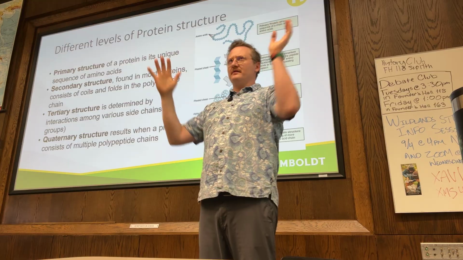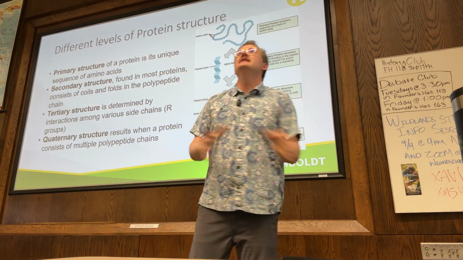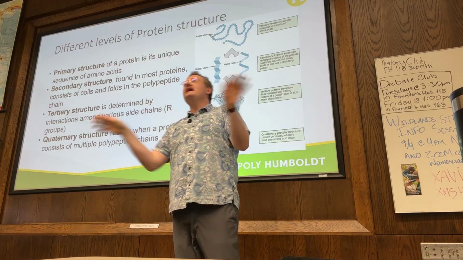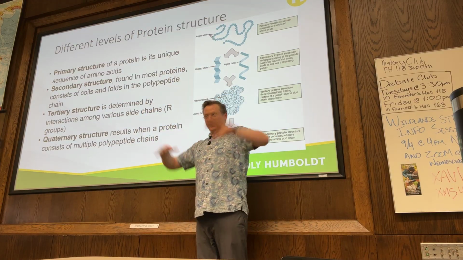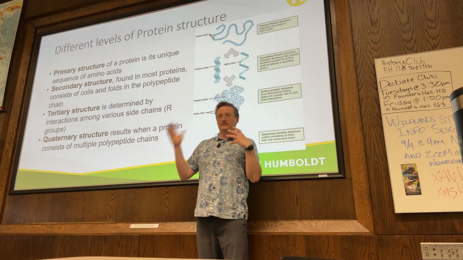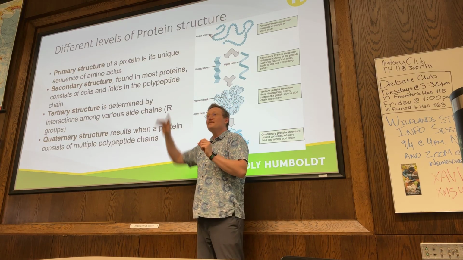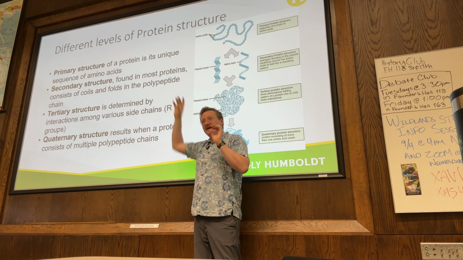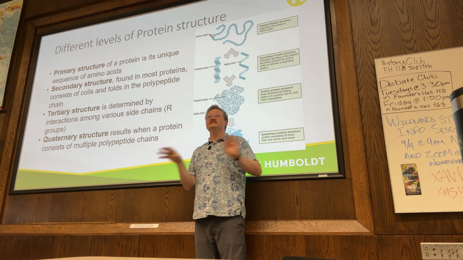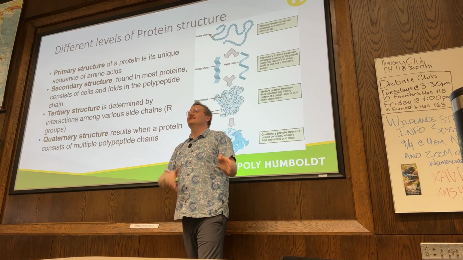And if you remember from that table about relative strength of bonds, covalent bonds are way, way stronger, like 10 times to 100 times stronger than hydrogen bonds or polar-polar interactions, things like that, right? So the primary structure has peptide bonds in it. It's very stable. It's hard to denature that and break it back down into amino acids.